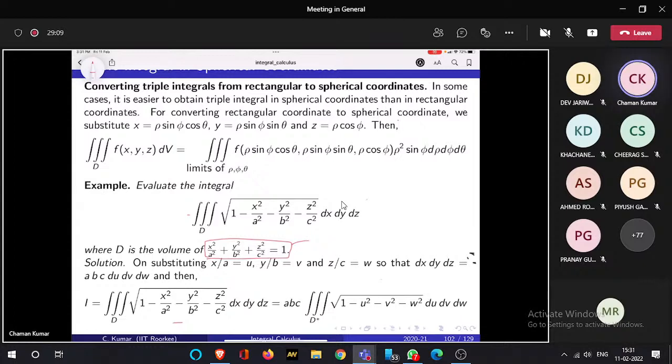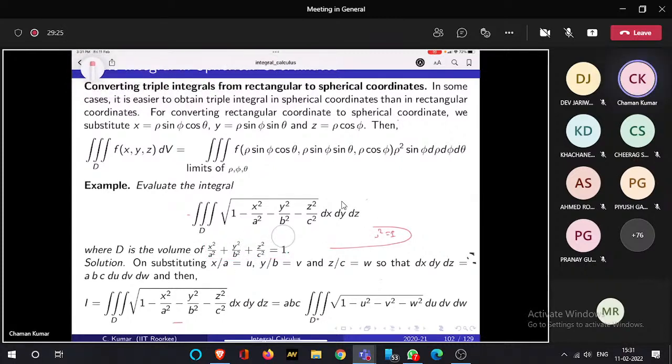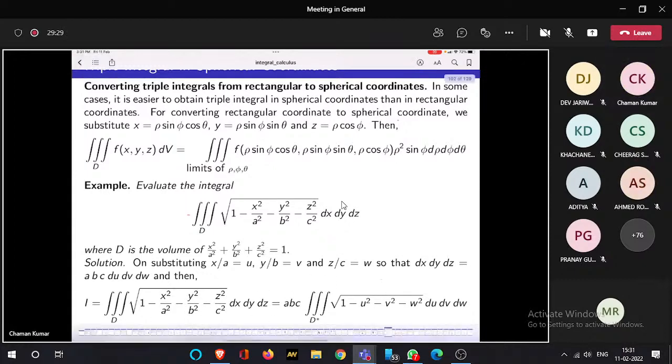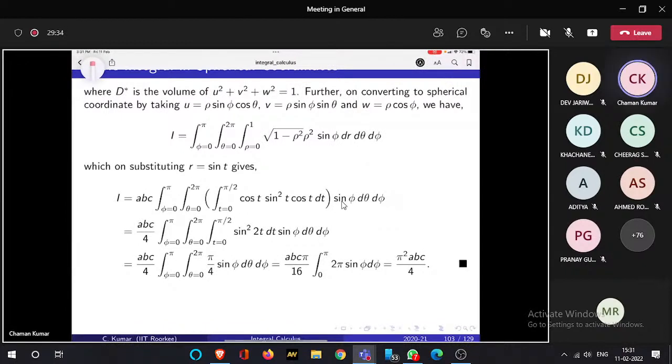Now my D star is u square plus v square plus w square is equal to 1. Okay, so this is what we have as D star here, and so we have this volume of u square plus v square plus w square is equal to 1.